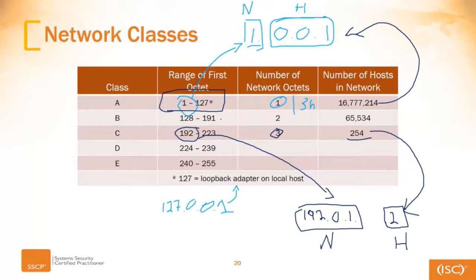But because we have a lot more networks, we have a lot fewer hosts. We only get about 65,000 hosts per network, because we've taken one of those octets and moved it over and given it to the network side instead of leaving it with the hosts.